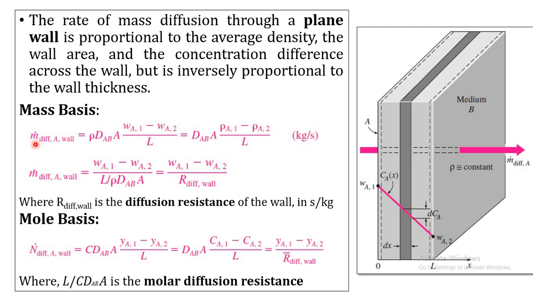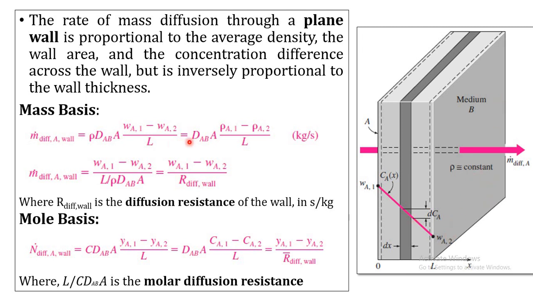Mass diffusion of species A through the wall is equal to rho A DAB (WA1 minus WA2) by L, where WA1 is the mass fraction at the left side and WA2 is the mass fraction at the right side.